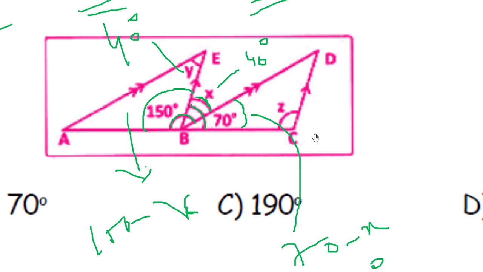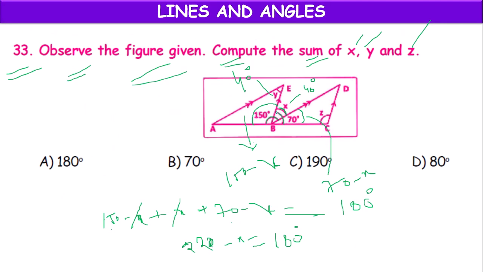So this total angle and this Z angle make co-interior angle pair whose sum is equal to 180 degrees. If this is 70, Z value will be 110.